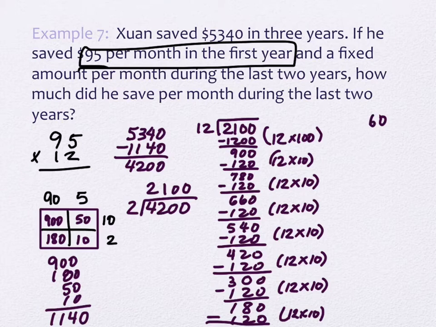Okay, now what can I subtract from my 60? 12 is right, yeah. That's 12 times 1. What's 60 minus 12? 48. Now you guys have to double check my subtraction. 36.